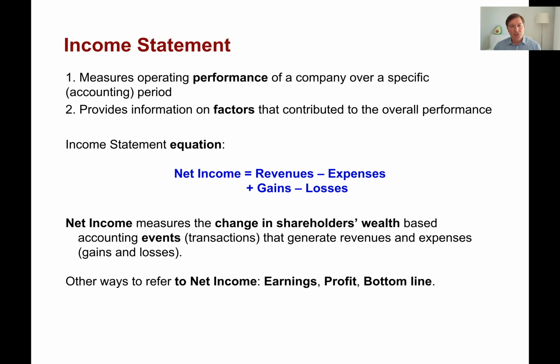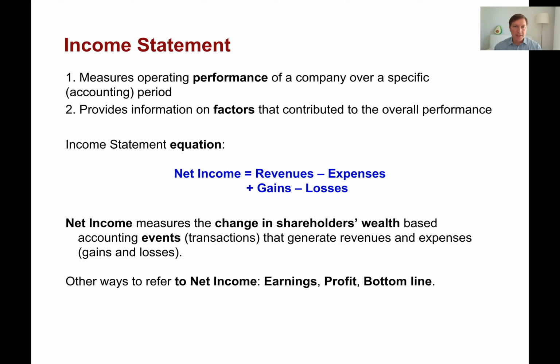Now, besides just telling us one number at the bottom, the income statement provides us with a wealth of information on the drivers behind this number. What exactly happened? That explains why net income went up or down, what the revenues and expenses were, and so on. So the income statement comes with the income statement equation, which tells us that net income equals revenues minus expenses plus gains minus losses.